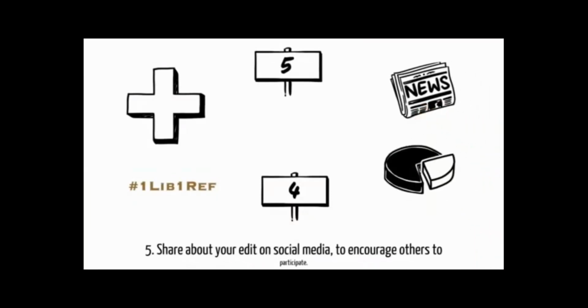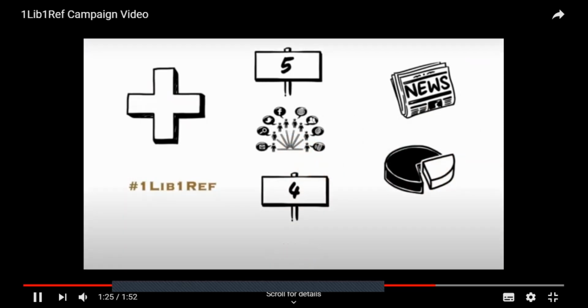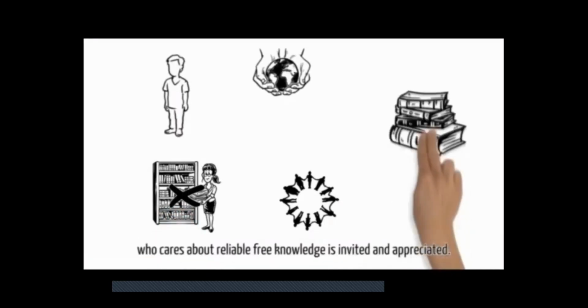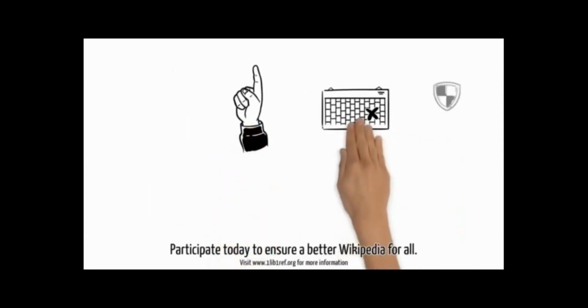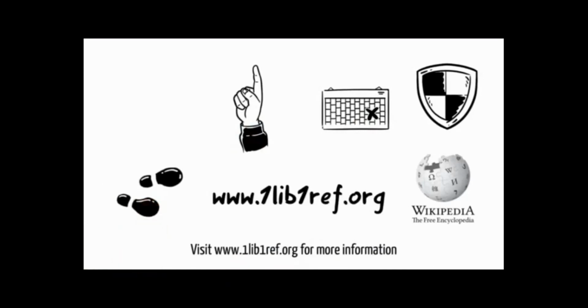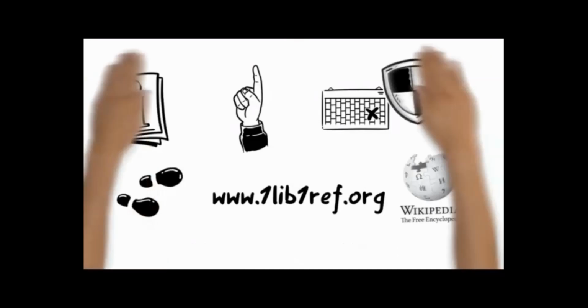Fifth, share your edit on social media to encourage others to participate. You can join the campaign even if you're not a librarian. Every person who cares about reliable, free knowledge is invited and appreciated. Participate today to ensure a better Wikipedia for all. Visit www.oneliboneref.org for more information.